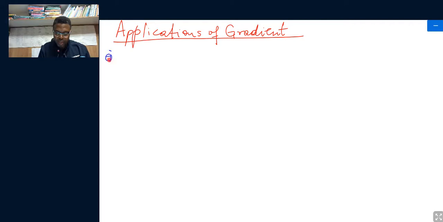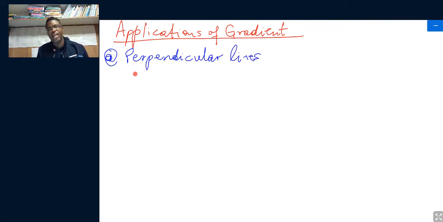The first one, A. We are talking about perpendicular lines. How do we see perpendicular lines using gradients?